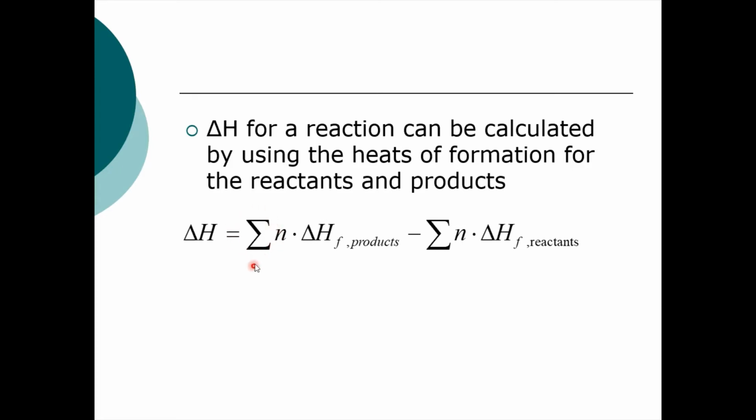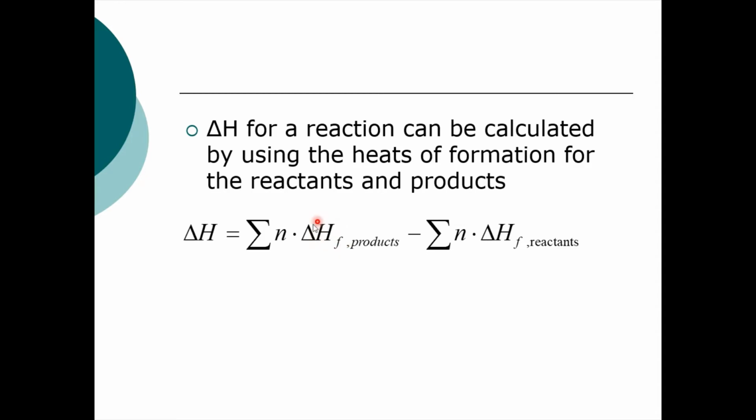So what we're going to do here is use the sigma to represent the summation of all the products or reactants. And so here's the equation. The delta H is equal to the sum of, and that's how you say it when you have sigma, the sum of the heats of formation of the products. See this n, that represents the coefficient of each product.